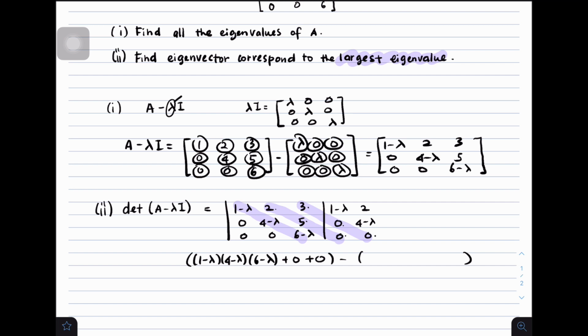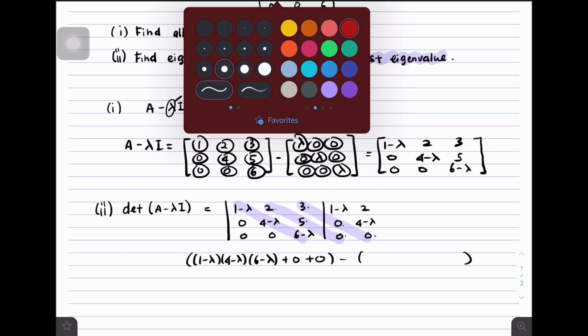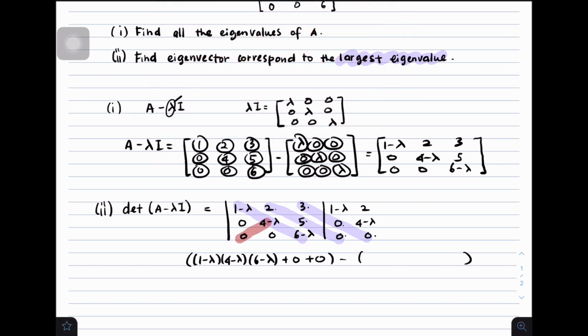For the second bracket, you need to multiply from the bottom to the top, all elements here. So you have 0 multiplied by this one is 0, 0 multiplied with 3 is 0, plus 0 multiplied with 5 is 0, multiplied with this one is 0 as well, plus this one multiplied with 0, multiplied with this one will give you 0.